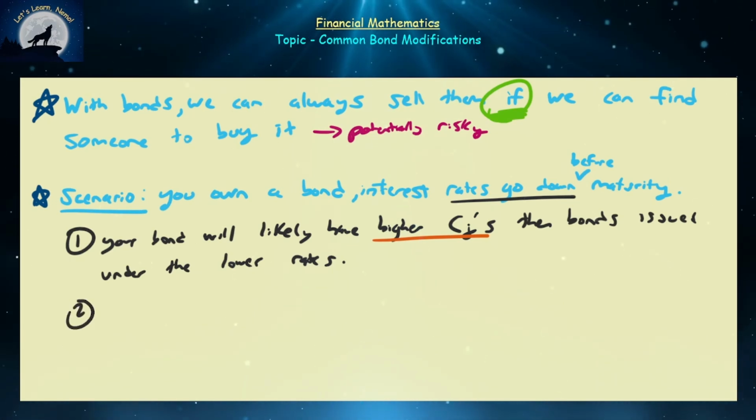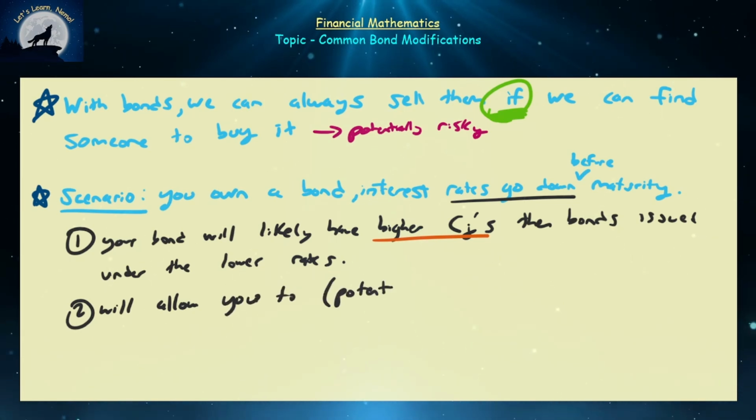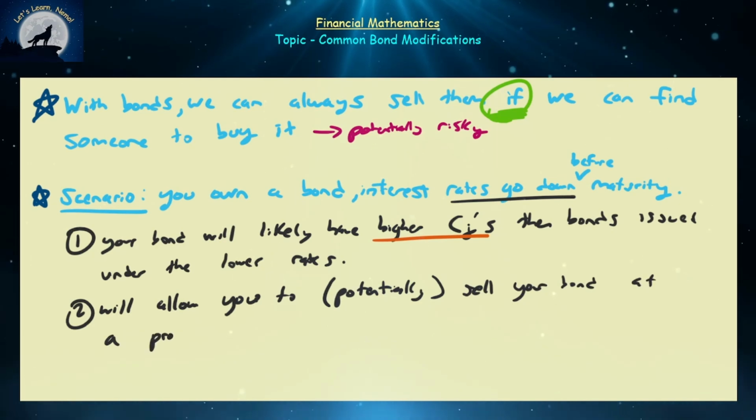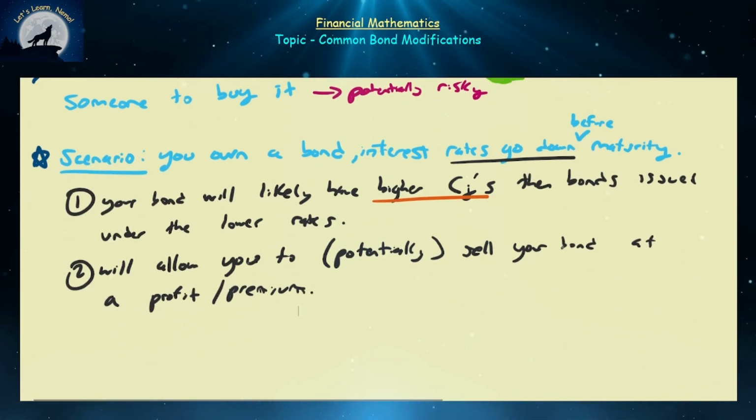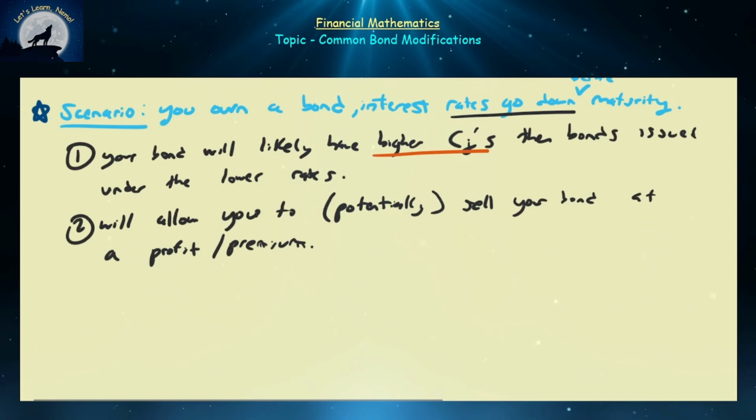So if this is the case, then this will allow you, most of the time, let's actually say potentially, to sell your bond at a profit, or technically speaking, a premium, right? So what are you going to do with that profit in premium?